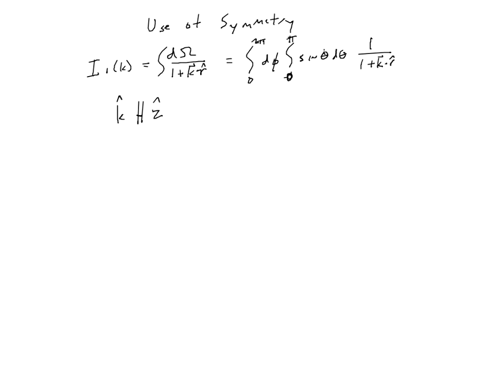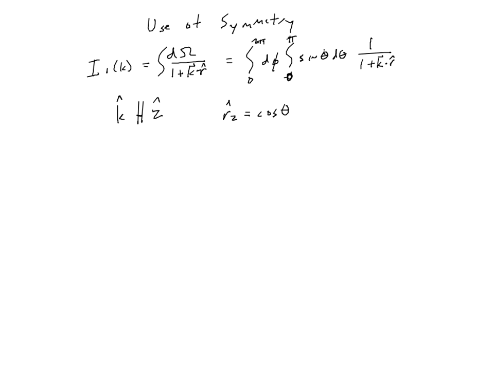Also, your r here is just a unit vector, and these are spherical coordinates. So r hat in the z direction is cosine theta. When you point k along the z direction, the dot product between k and r is automatically going to be this cosine theta term.